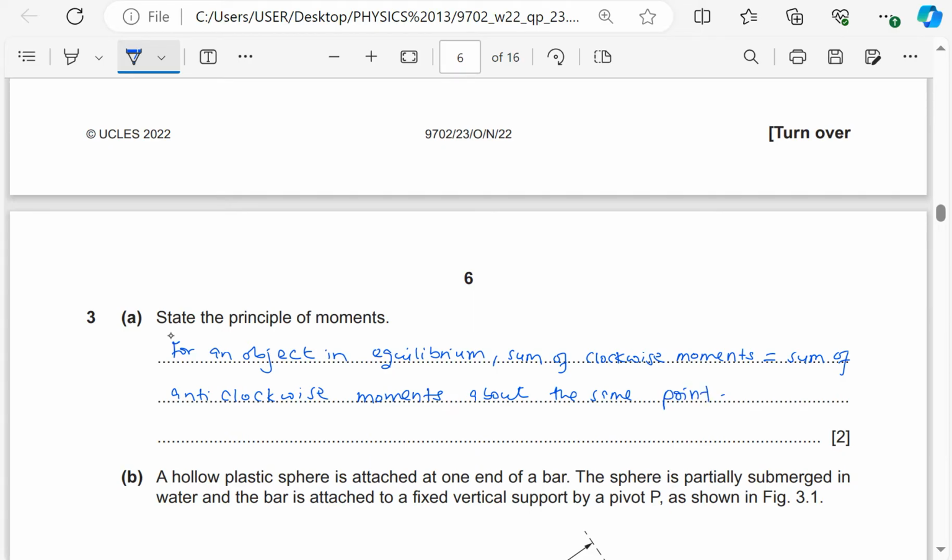So for an object to be in equilibrium, the sum of clockwise moments should be equal to the sum of anti-clockwise moments about the same point.